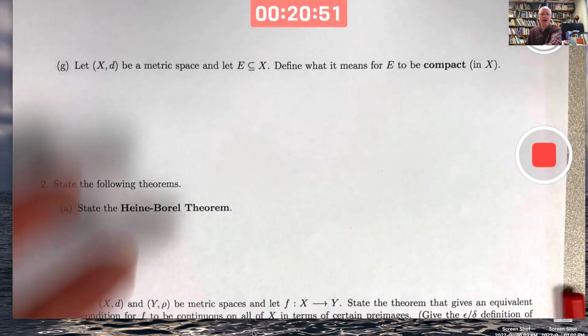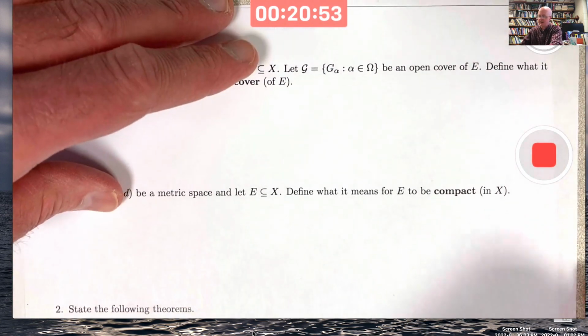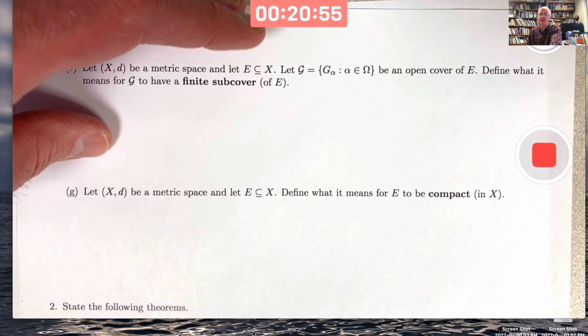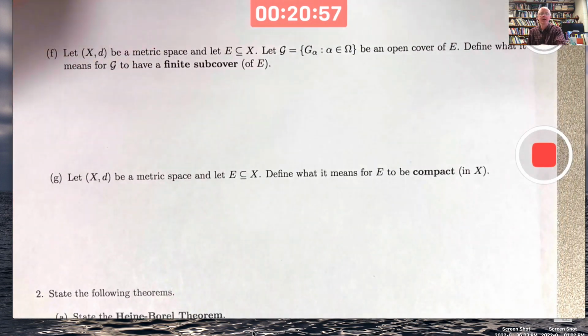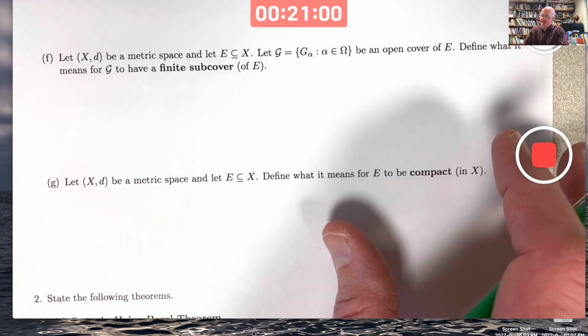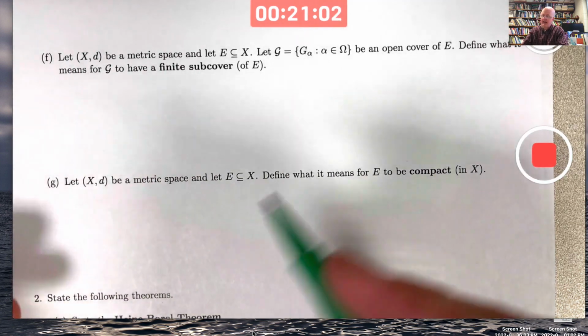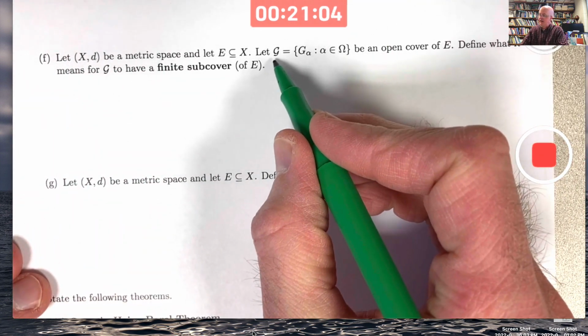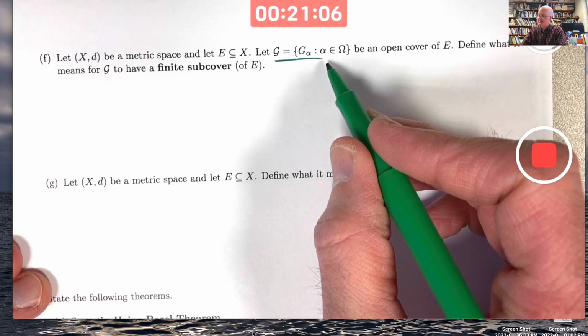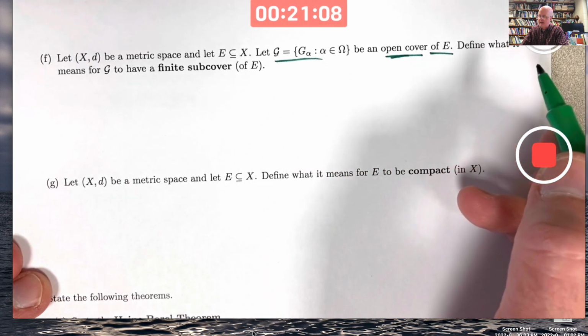Continuing with some more definitions, again leading up to the definition of a compact set. Then we have some theorem statements, then we have some examples, and then some proofs. Got a metric space again. E is a subset of X again. Cursive G is a collection of sets that is an open cover of E already.